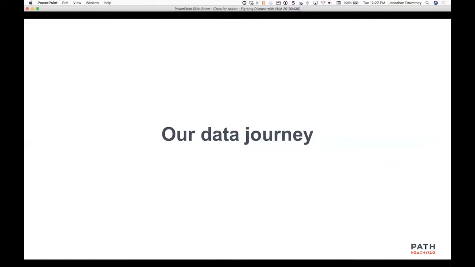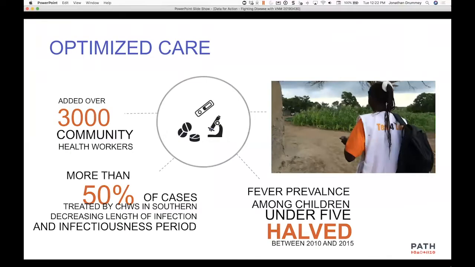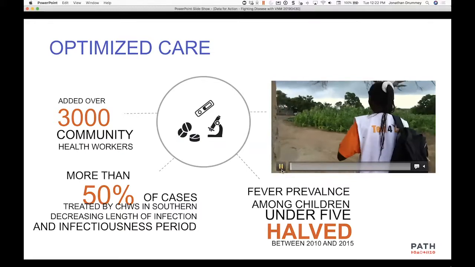So a lot of our data, we have community health workers who are out there in the field collecting data. We had a picture of some earlier in this slide. As they are capturing data, I'll just play this video.